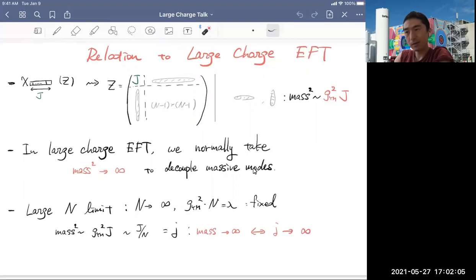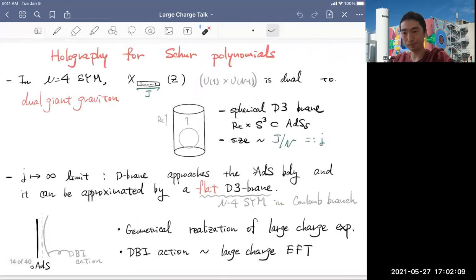So I think it's easier to understand from the holographic picture. What I was saying is that the theory living on the D-brane is a large charge effective field theory. But in addition to that, we have a bunch of closed strings flying in the bulk. And if you include the 1/n correction, then those closed strings start interacting with the degrees of freedom living on the D-brane.